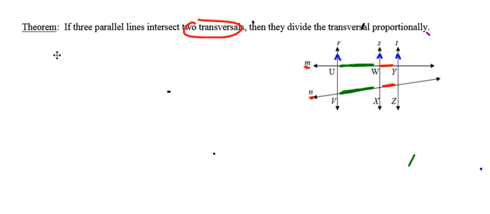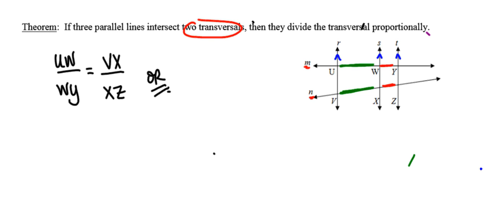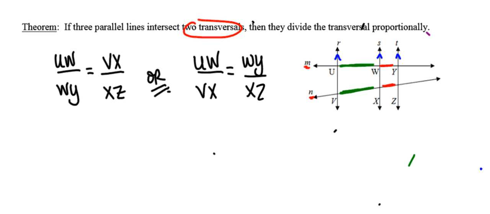Or to write it in mathematical terms, UW is to WY as VX is to XZ. Or another way of saying exactly the same thing, UW is to VX as WY is to XZ.